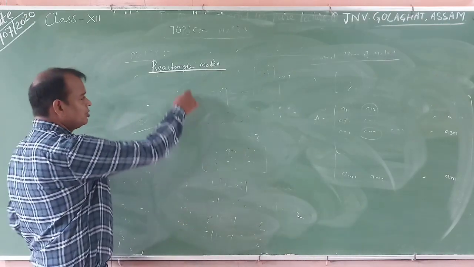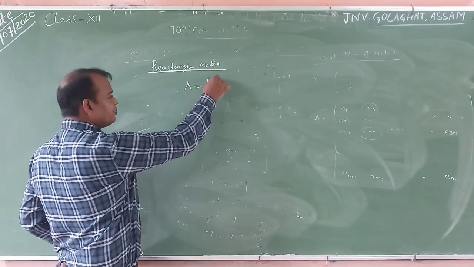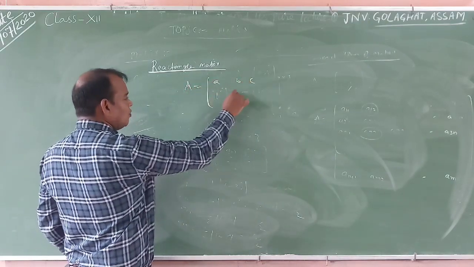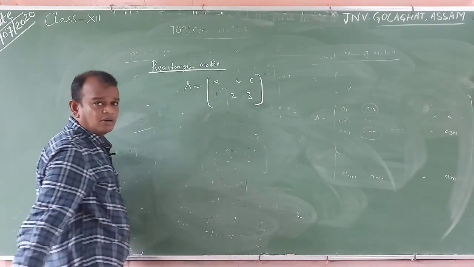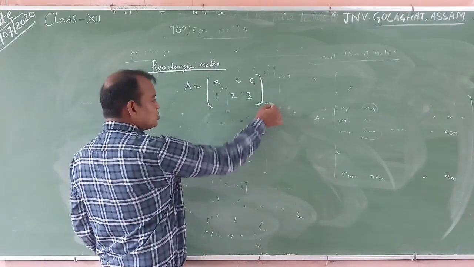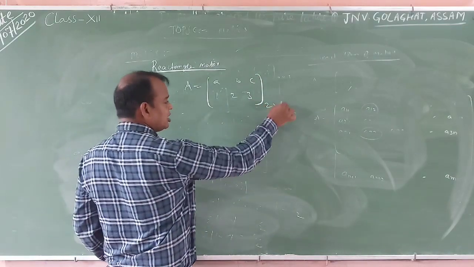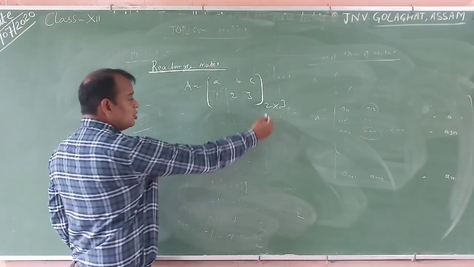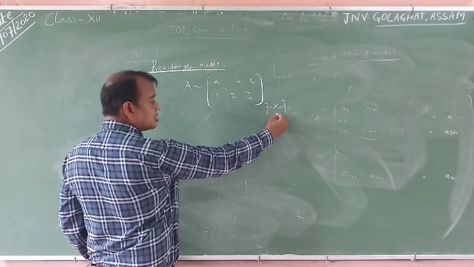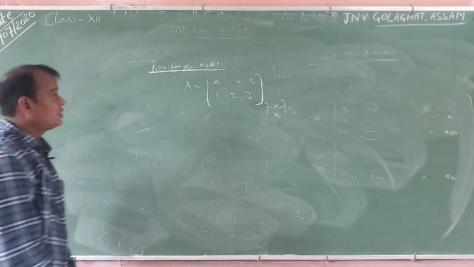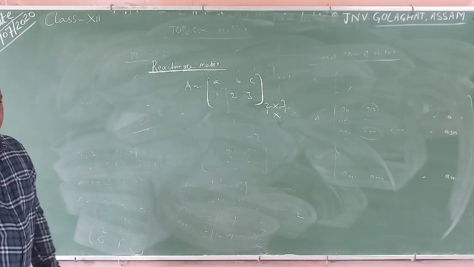We will take the example A is equal to a, b, c, 1, 2, 3. This matrix has how many rows? 2 rows. How many columns? 3 columns. Rows is 2, columns is 3. These are not equal. That's why it is called a rectangular matrix.